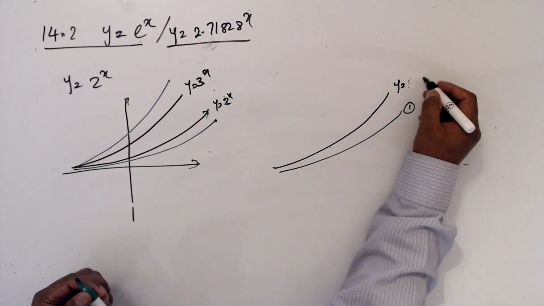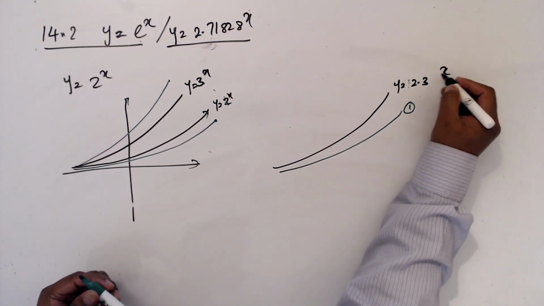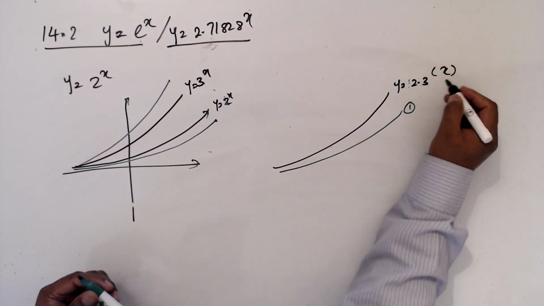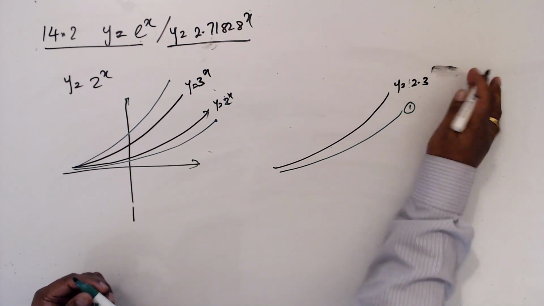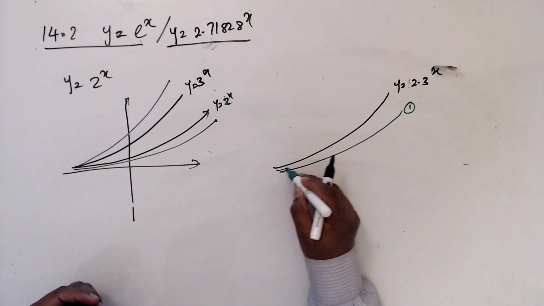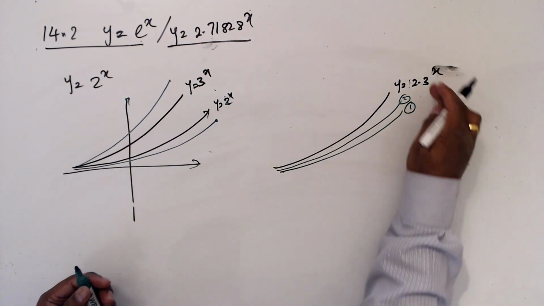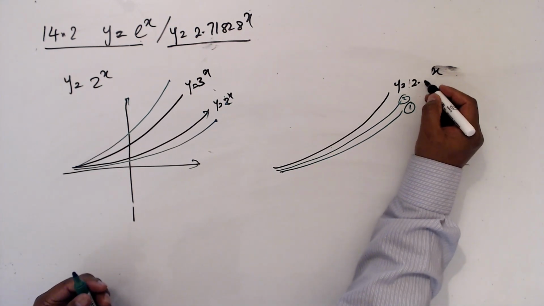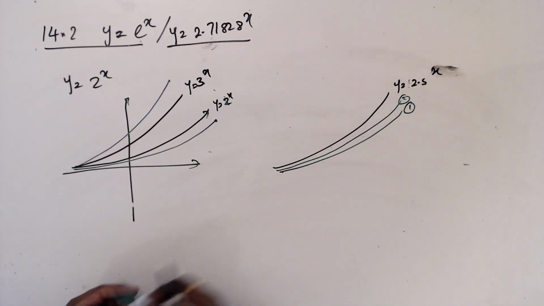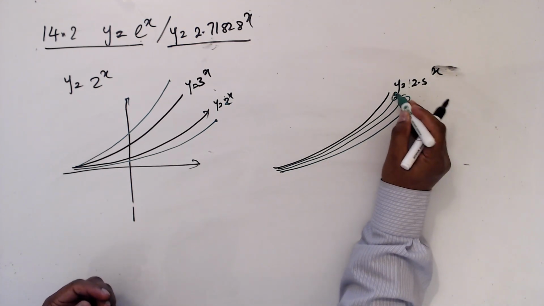Instead of 2, I'll put 2.3, then the gradient is coming closer. Then the mathematicians put more, 2.5. It is getting even closer, 3.